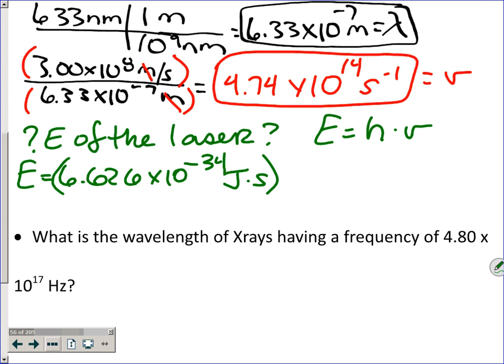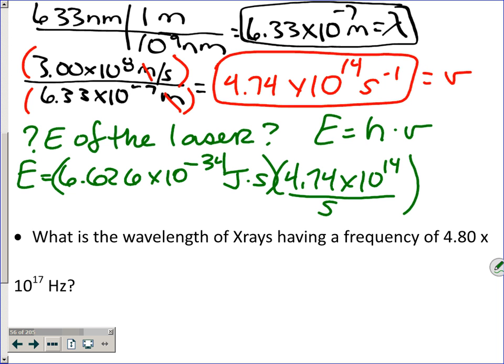And then I'm multiplying that by what, Kendall? 4.74 times 10 to the 14th. And I'm going to put that not as seconds to the negative 1, just so we can really clearly see what's going on. I'm going to put it as it actually has the denominator. So I'm putting that over seconds because that's what that really means.